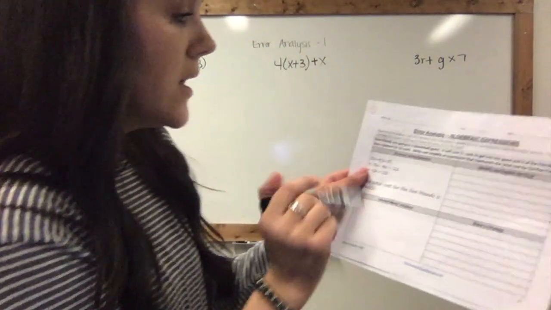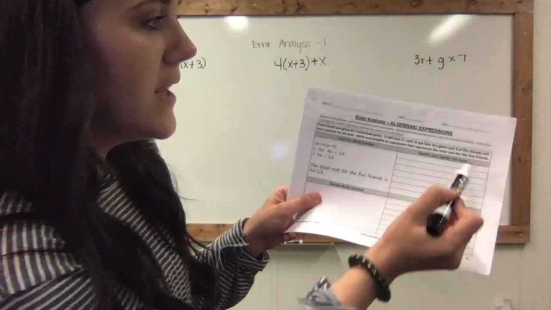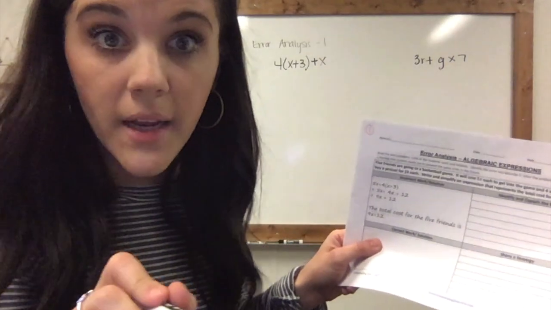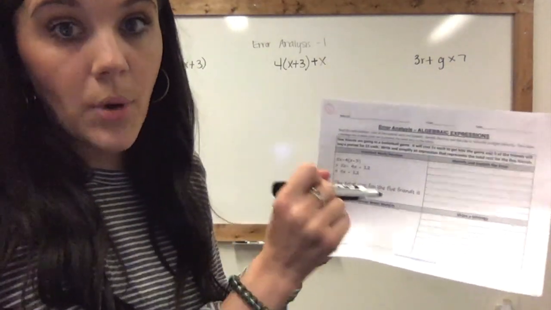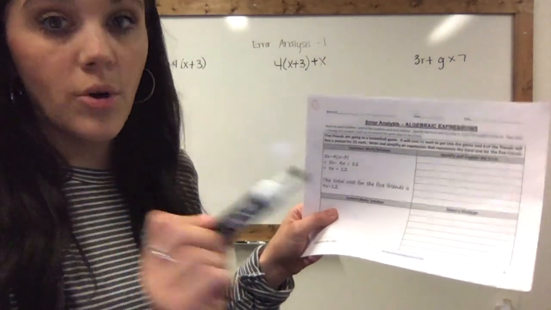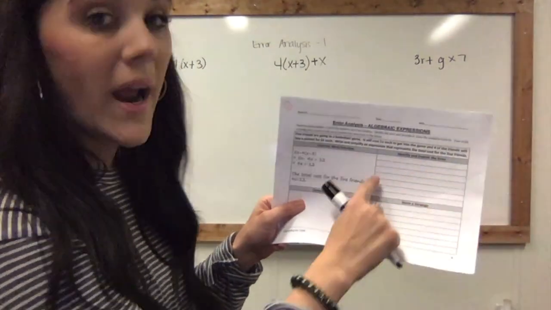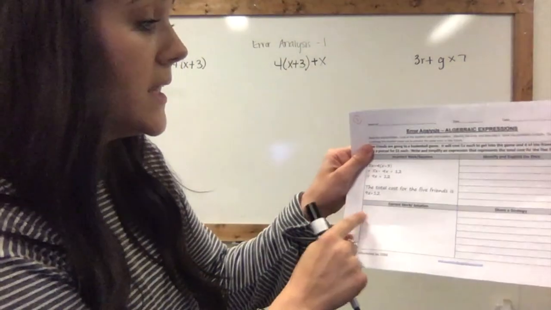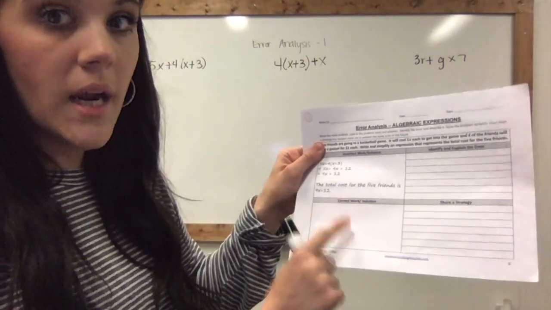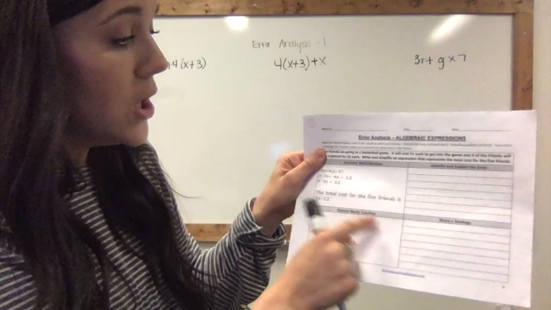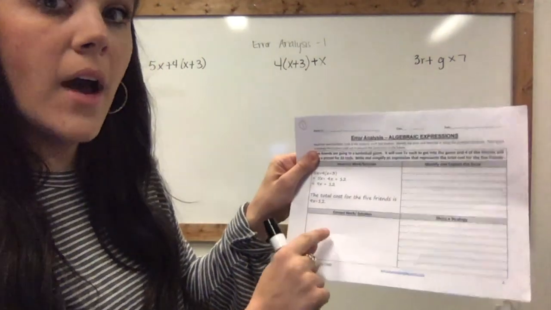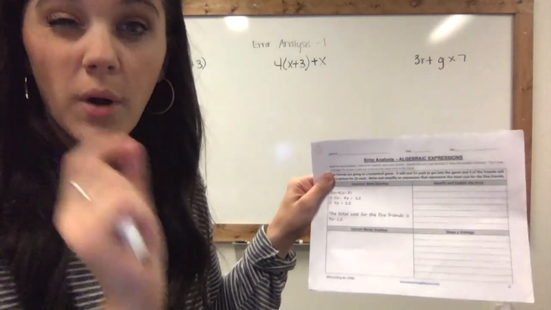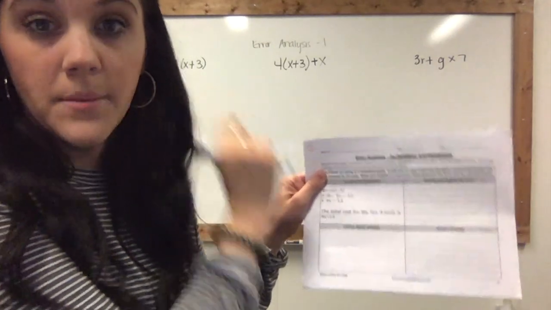So here's how you will solve this, okay? In this box right here, it says identify the error and explain. We have already identified the error in this problem. They set up the problem incorrectly. So you are going to write in word form what they did wrong. Here it says correct the work and then find a solution. So you're going to work it out correctly using the correct problem that we have set up.